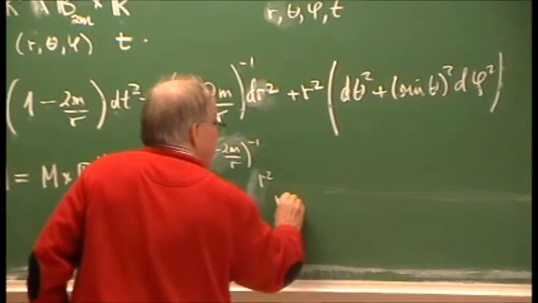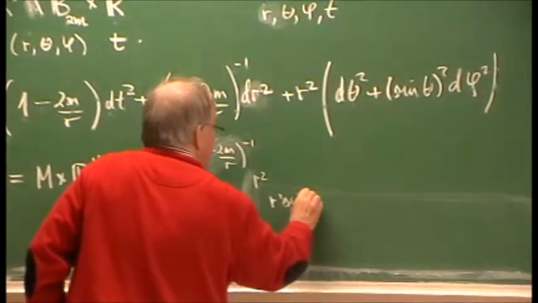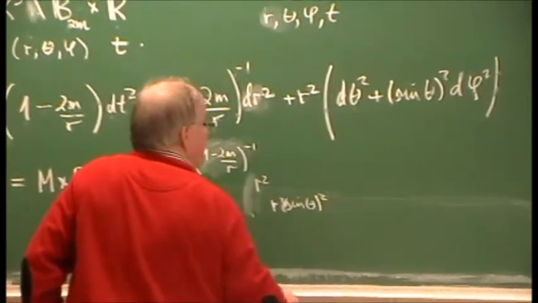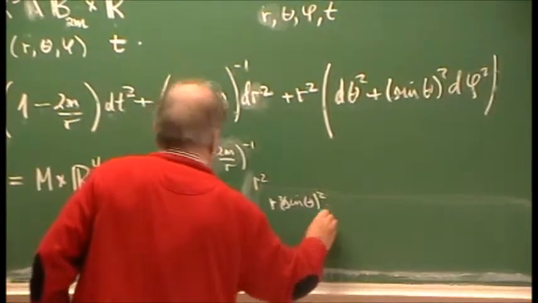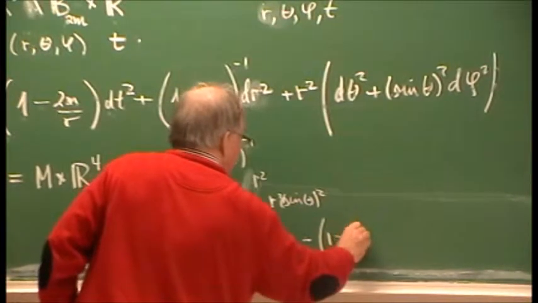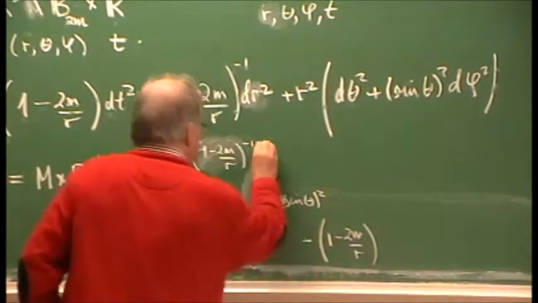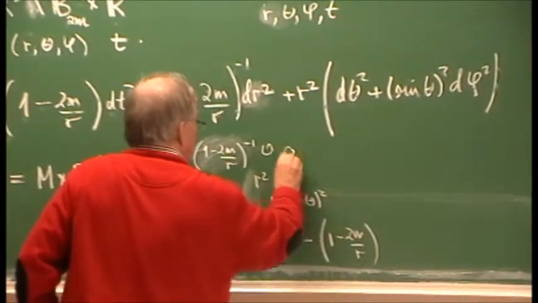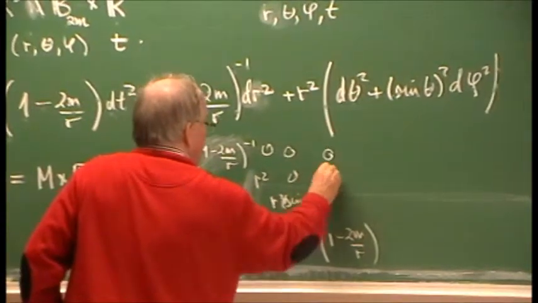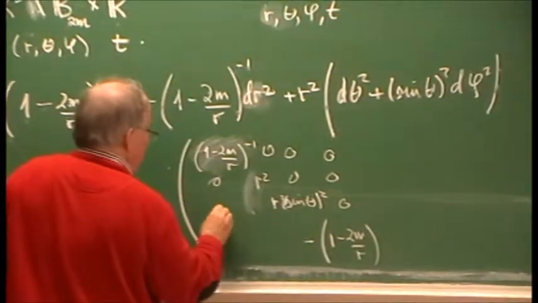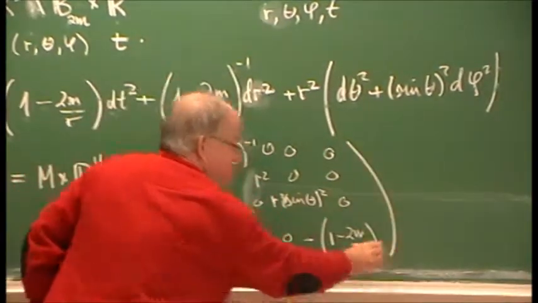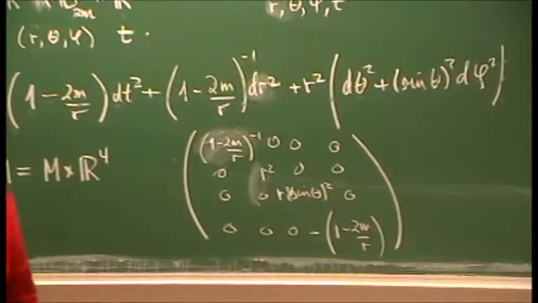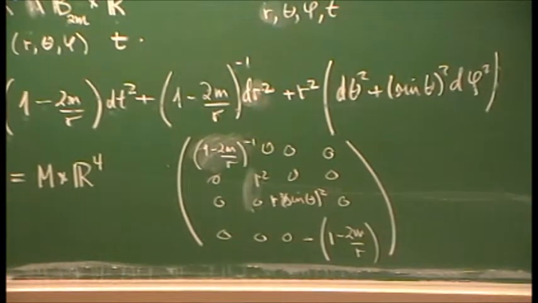It's r squared sine theta squared. And what is t? Minus 1 minus 2m over r. Now you're starting to get what I'm talking about? You see what I mean?